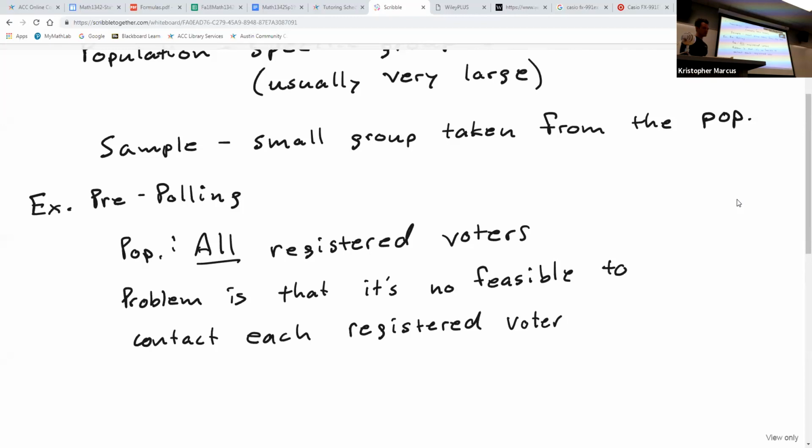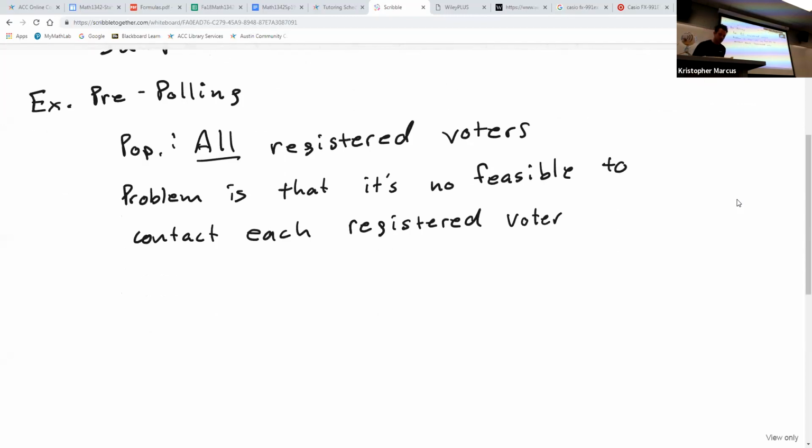So what we would do, since we can't get all of them, we might create a sample just to get an idea of who's going to vote for which candidate. Well, let's say we decide to take a sample in a certain way.